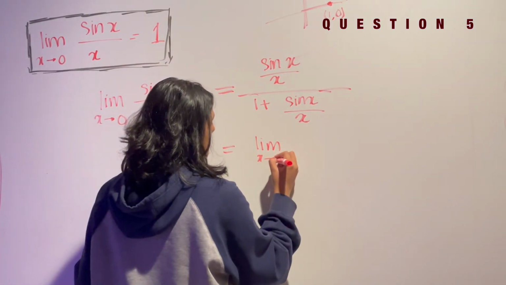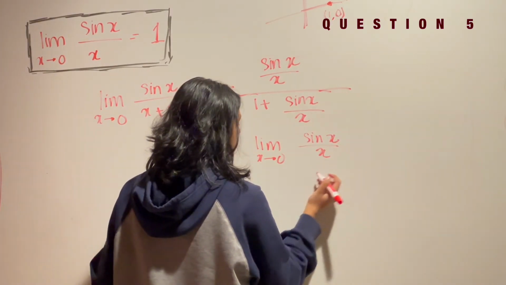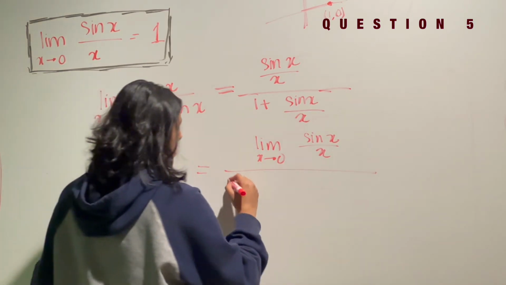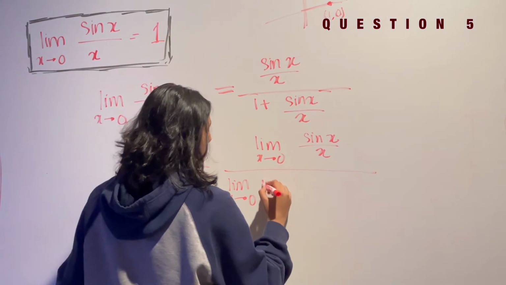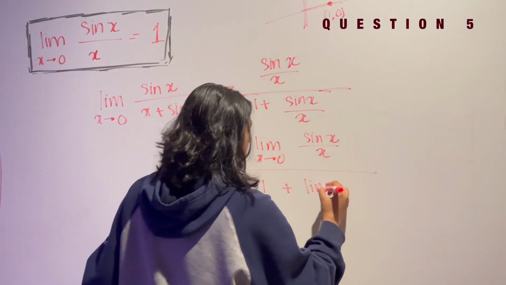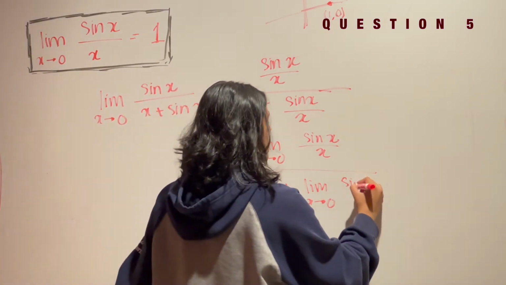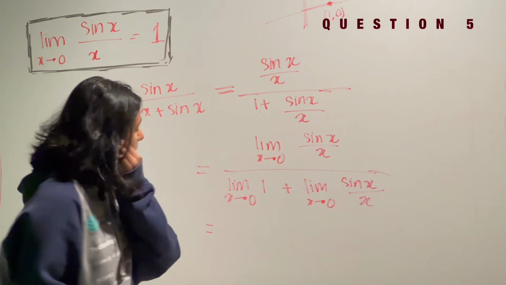So that's essentially saying the limit as x tends to 0 of sine x over x, over the limit as x tends to 0 of 1 plus the limit as x tends to 0 of sine x over x. Now we can simplify this.